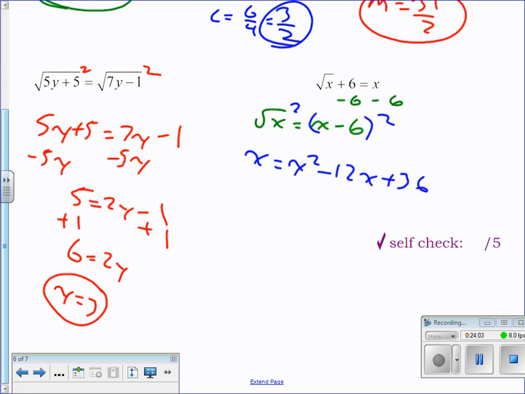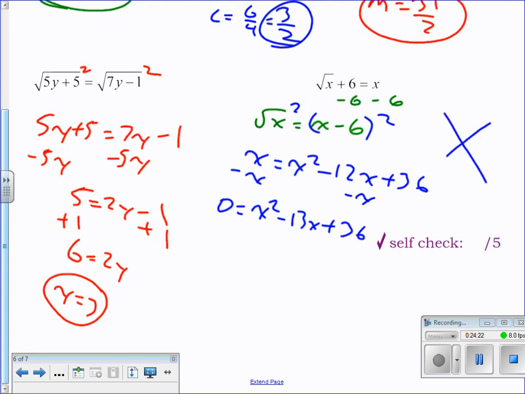First term squared, multiply them and double, square the last term. To solve, I need to set it equal to 0, so I subtract x from both sides. 0 equals x squared minus 13x plus 36.